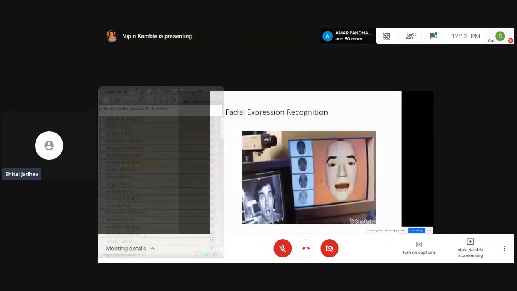Then comes facial expression recognition. You have a dedicated data set for that, which has expressions like happy, sad, angry, anxious, or surprised. On the left side of the face, you can see that the person is showing an expression of surprise. So how is surprise interpreted by a computer? The mouth is open, the eyes are wide open, eyebrows are pointing upward.